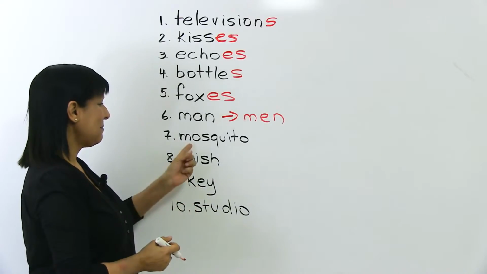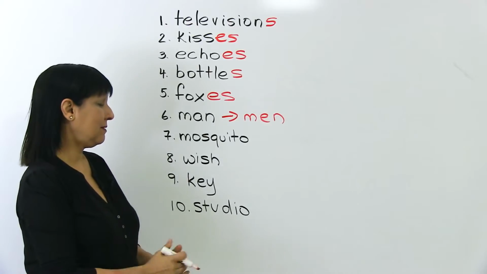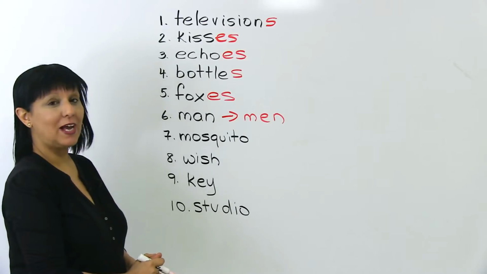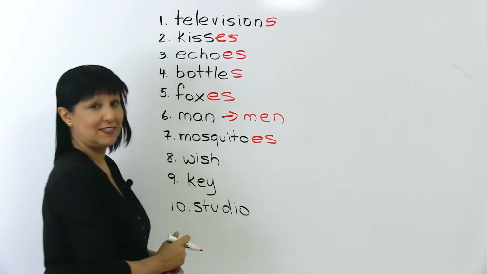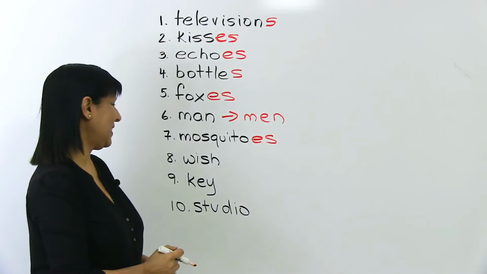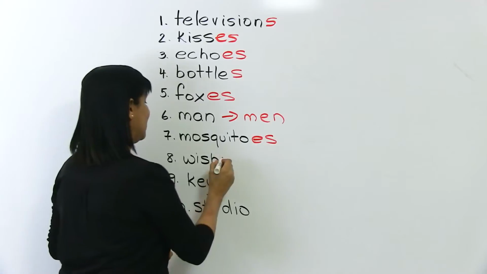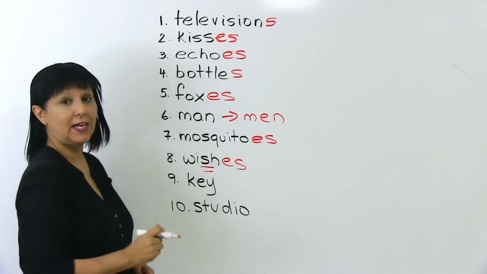Okay, mosquito. I know you don't like them. I don't like them either, but sometimes you have more than one. And what do you need to do? Add ES, mosquitoes. Okay, 1 wish, many wishes. Okay, again, because you had the SH there.